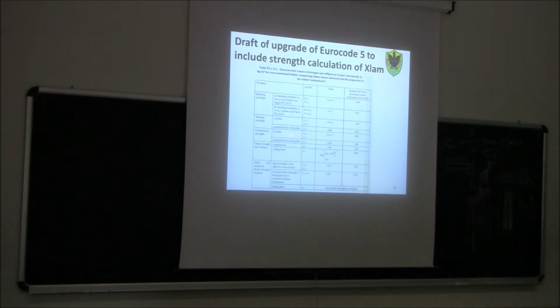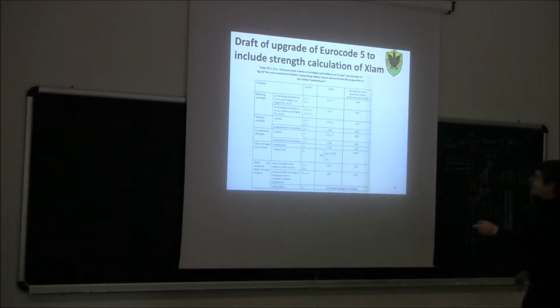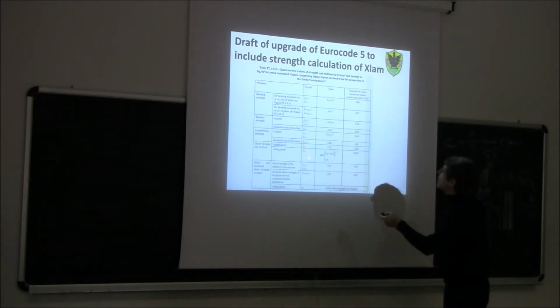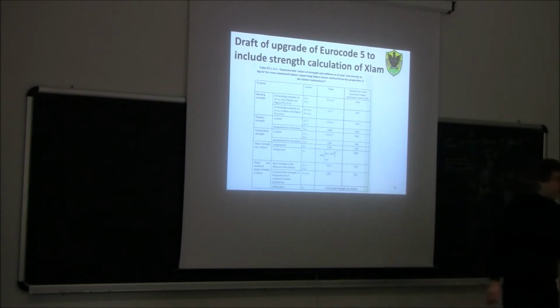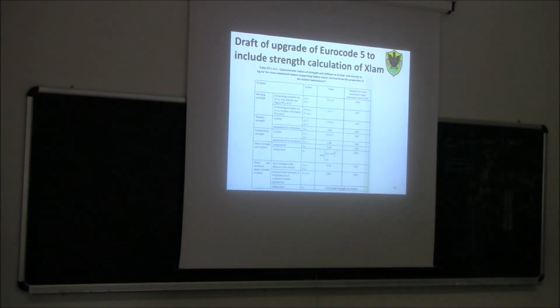So, first line, compression in plane: Fc,x,k and Fc,y,k. Why do I have two values here? Why are there two values? Fc,x,k and Fc,y,k, what does it mean to have two values? What do you think?